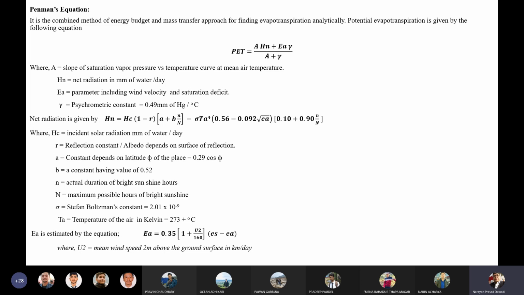Small n and capital N are the actual duration of bright sunshine hour and the maximum possible duration of bright sunshine hour. These are the values of the sunshine in a day. If the maximum possible hours of the bright sunshine is 10 hours, the actual duration of bright sunshine will be generally less than the maximum possible.